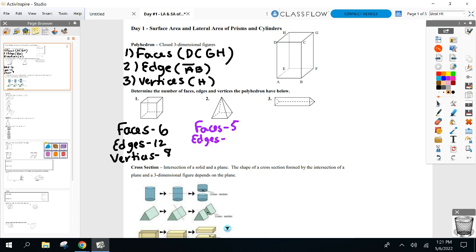Is it 8? It is. And then how many vertices? 5 vertices.